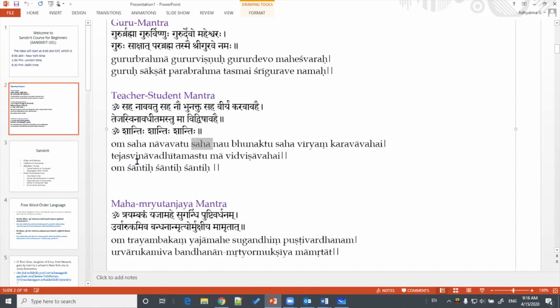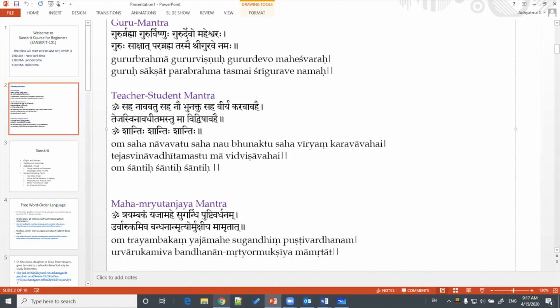Similarly, tejasvi nau adhitam astu. The same sandhi is here also. So you see au becoming av. Tejasvi nau adhitam astu, with the same word nau, our. So may our studies be effulgent.